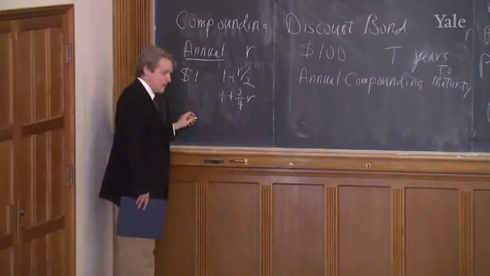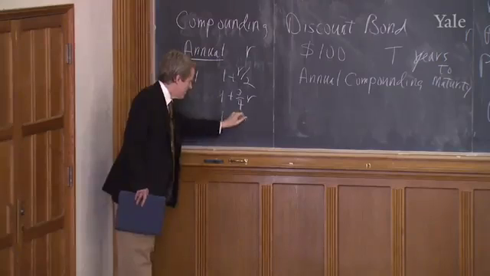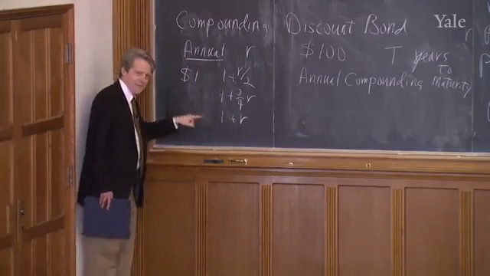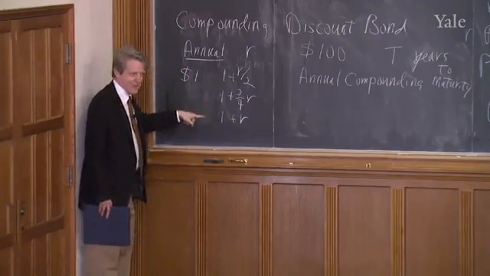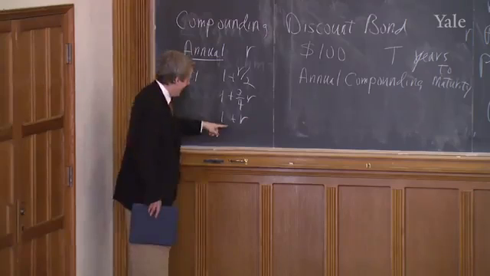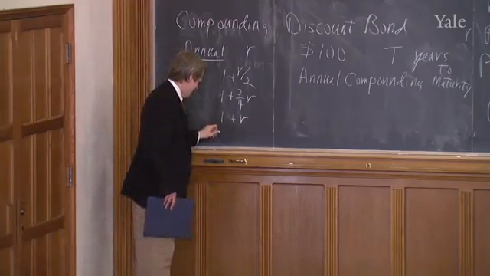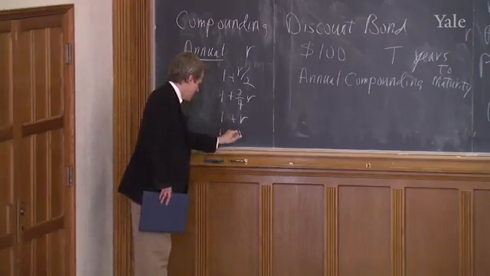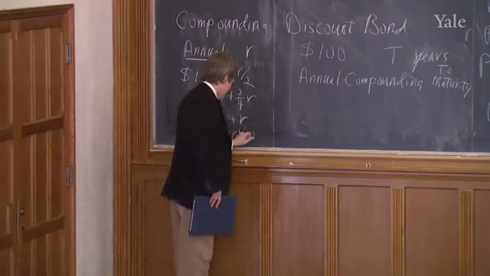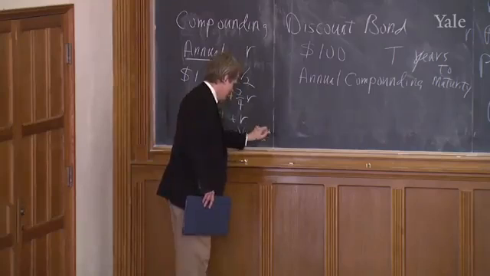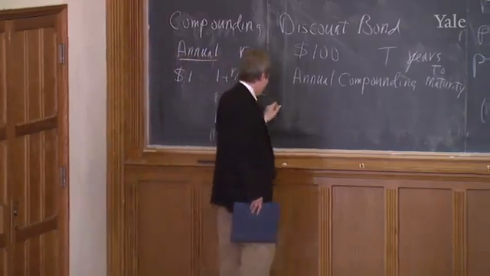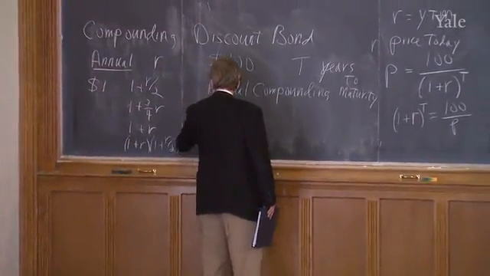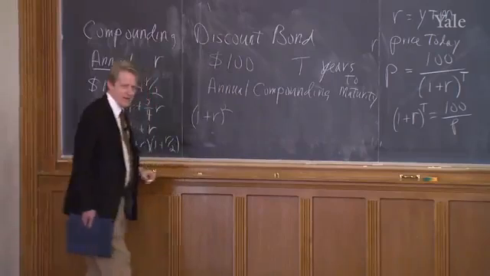And a full year later, you'll have 1 plus R. But now, after 1 year, you start earning interest on the 1 plus R. So a half year after that, you would have 1 plus R times 1 plus R over 2. And then 2 years later, you'd have 1 plus R squared, and so on.